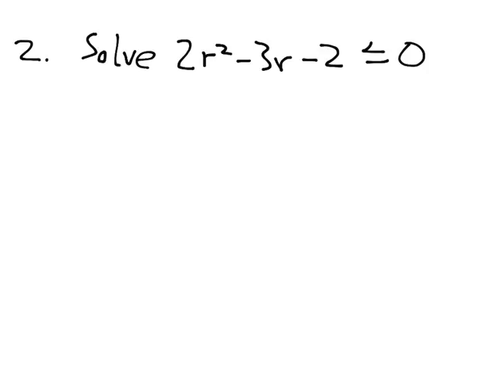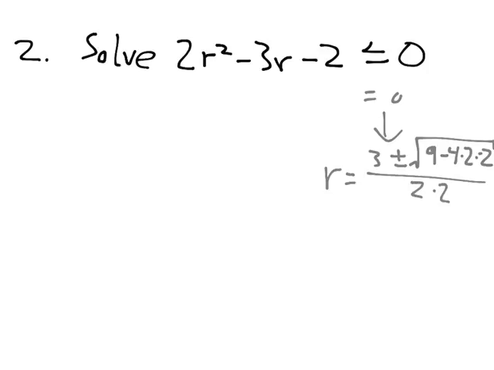For number 2, I'm given this quadratic is less than or equal to 0. Let's start by solving the quadratic equality, the equation where it's equal to 0. Well, r would equal negative b, in this case that's negative negative 3, so 3, plus or minus the square root of b squared, that's 9, minus 4ac, all that over 2a.